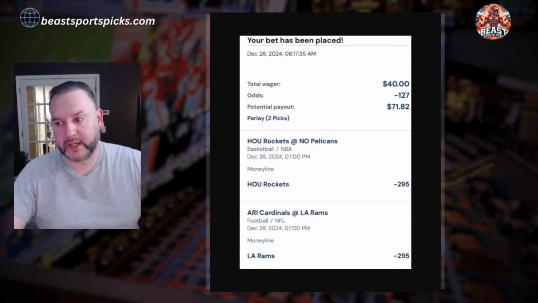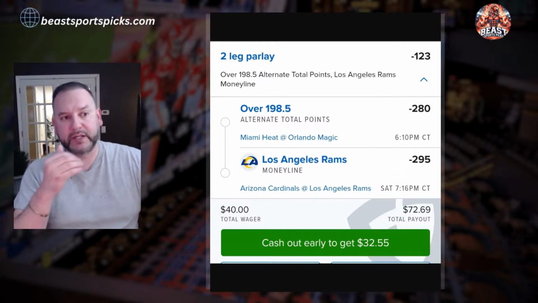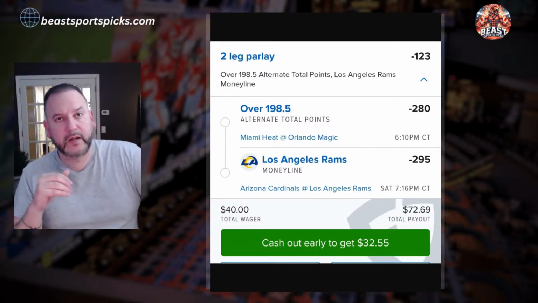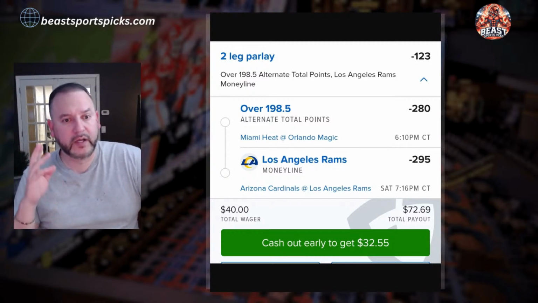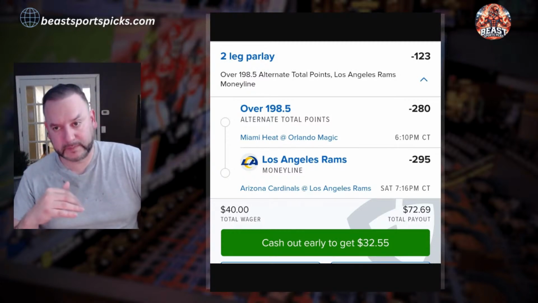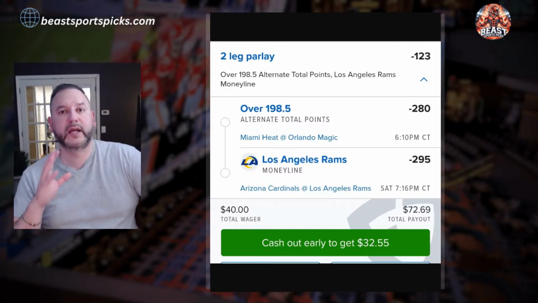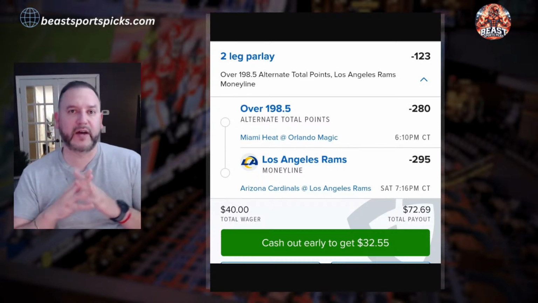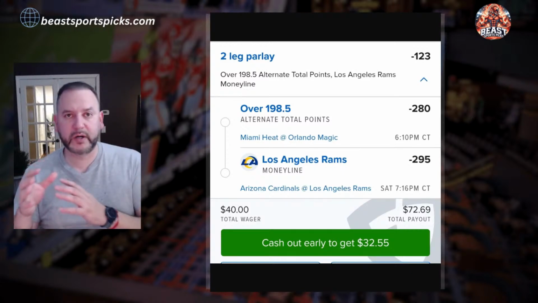And then the fourth play, pretty much the same thing. I liked the Heat and the Magic on the over, and the current line was at 208. So I bought it all the way down to -198 on the over. And then I parlayed that together with the Rams. So I'm going to be hedging against the Rams. Basically, the reason I hedge is that sometimes I can't find good teams to parlay with or other plays to parlay with.